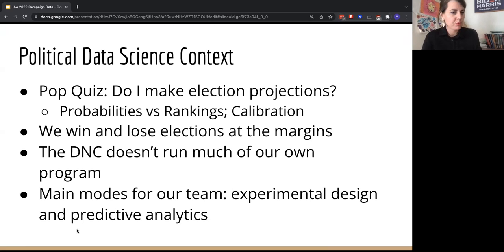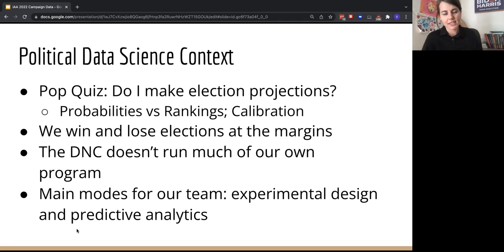If we can find a place where we need to swing 300 votes and that will change the outcome of an election, it makes much more sense for us to allocate our resources to those populations than it does somewhere else where the margin is much, much wider. So there's a lot of that strategy that goes into our work and helps us focus our efforts. It's also useful because it helps me feel like my work has an impact, because I know that I have the ability to focus it on places where it's really going to swing the outcome.